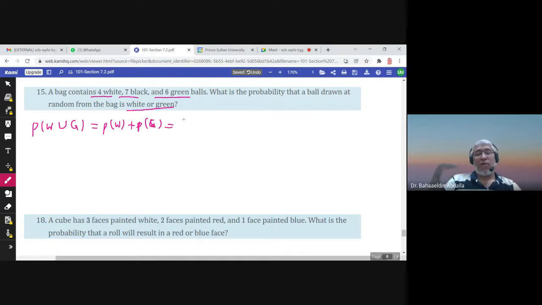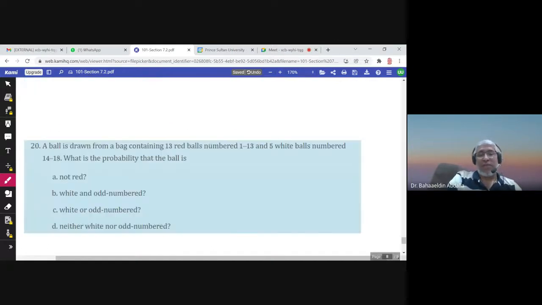How many white balls? 4. What is the total number of balls? 11 plus 6, 17. How many green balls? 6 over 17. So the answer is 10 over 17. This is the probability of white or green.